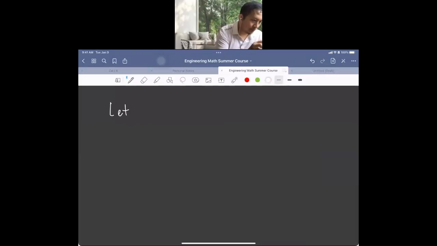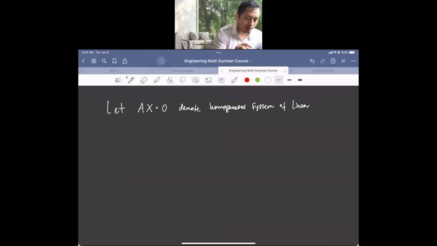Okay, the property. Let matrix A multiplied with matrix X equal 0. It's our homogeneous system of linear equations.